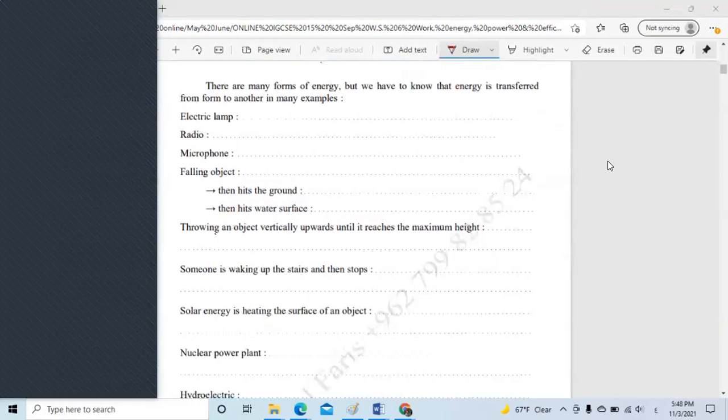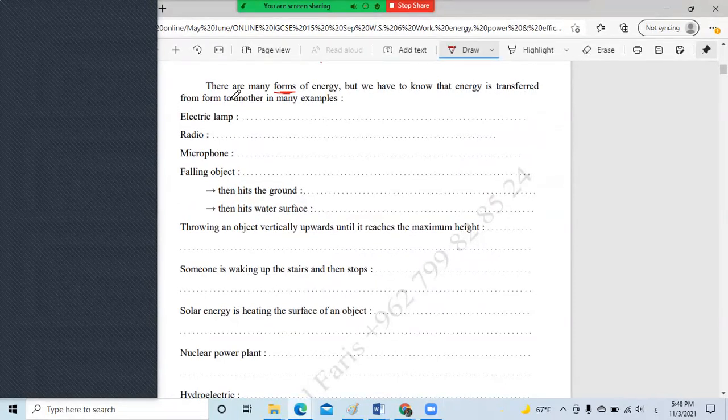So let's talk about examples here. There are many forms of energy. Before, we talked about energy resources. Now we are going to talk about energy forms. We have to know that energy transfers from one form to another in many examples. For example, an electric lamp. What is the input and what is the output?